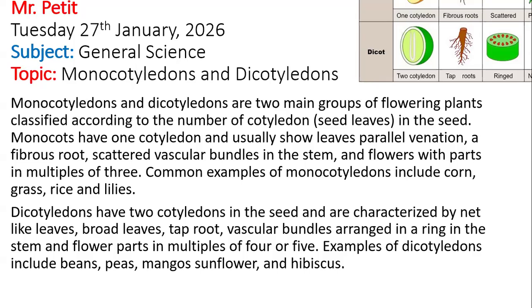Net like and reticulate are the same thing. I can't say, but the answer was parallel though. Oh, I see what you're saying. Yes, it is net like. So let's fix that. Good. Everyone should be on the same page now.